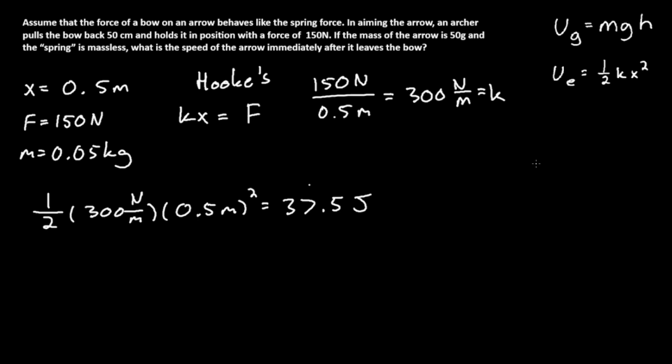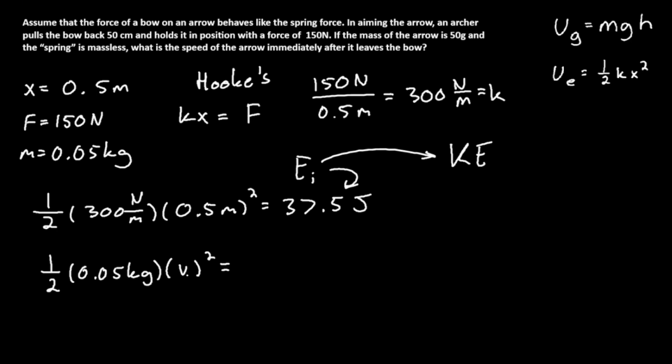So this is your initial total energy of the system. We're not worrying about gravitational potential energy in this case, since it doesn't mention anything about height, so we'll ignore it for now. And remember, all this initial total energy, once you release the spring and launch the arrow, turns into kinetic energy. So let's set up our kinetic energy formula here.